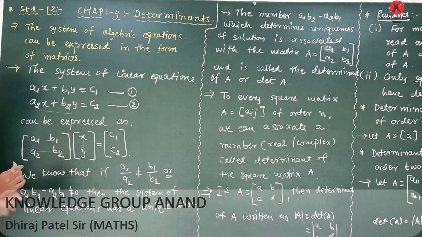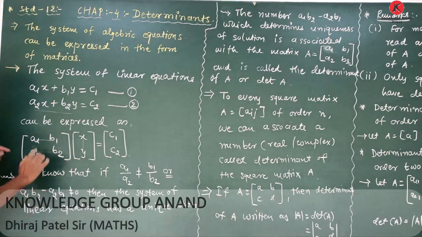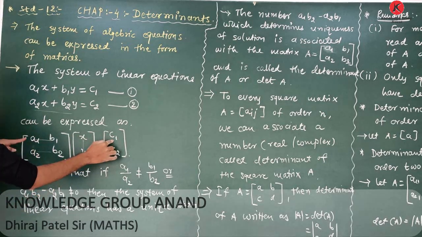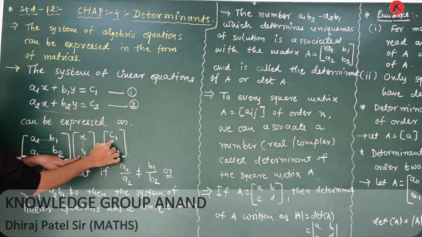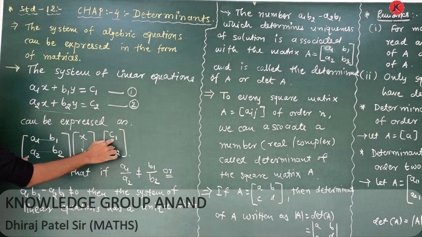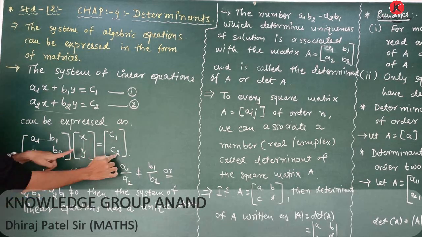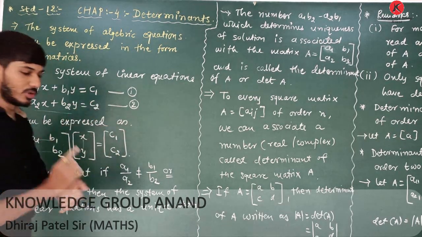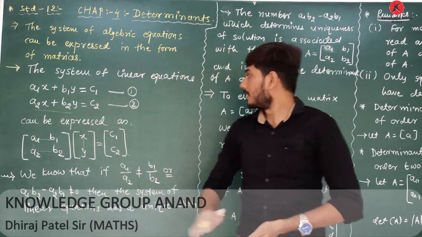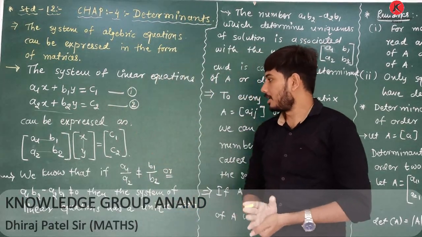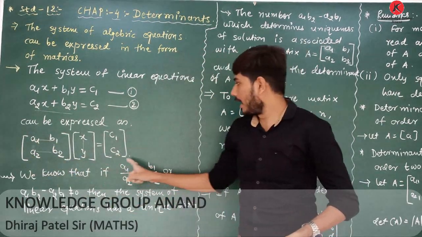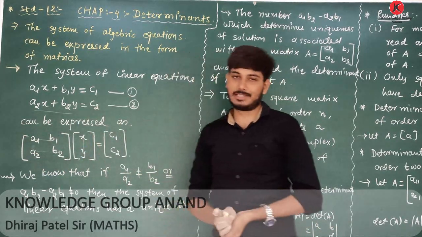The multiplication having order of matrix is 2 by 1. Therefore we can compare it directly with this. Therefore a1x plus b1y equals to c1 and a2x plus b2y equals to c2. Therefore equation 1 and 2, which are our linear equations, can be expressed as form of matrices.